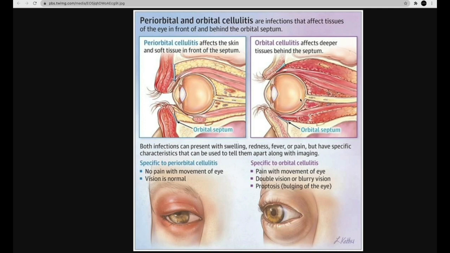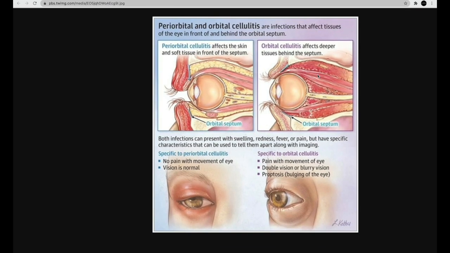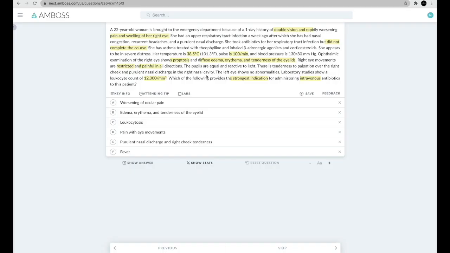The orbit is pushing her eyes out. Proptosis is not seen with the preseptal. The fact she had pain with eye movements means that inflammation is involving the extraocular muscles inside the orbit. This is not found here. The orbit is completely free with preseptal cellulitis, right? So those two signs in particular, plus double vision, obviously, because of the restricted eye movement. Those particular specific symptoms indicate that she has orbital cellulitis rather than preseptal.